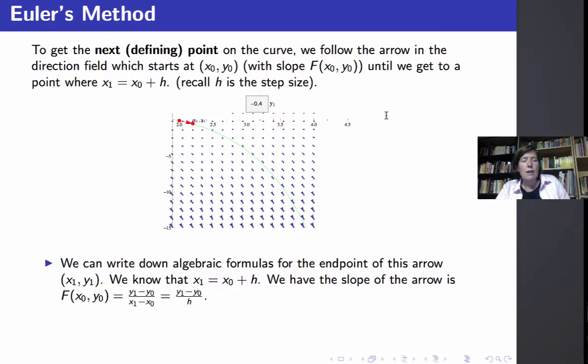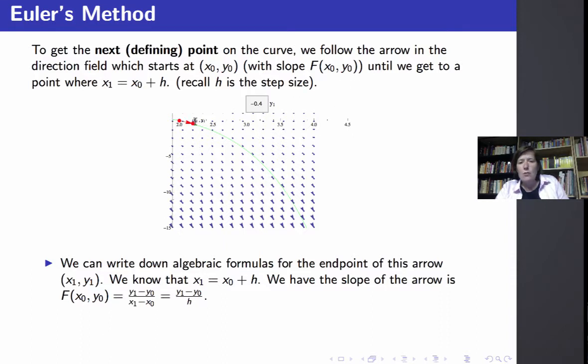Now we can figure out the actual point at the end of this arrow. We know its slope f of x naught, y naught from the differential equation. If our differential equation is y prime equals f of x y, then this is the right-hand side of the differential equation applied at the initial point. And that's the slope of this arrow.